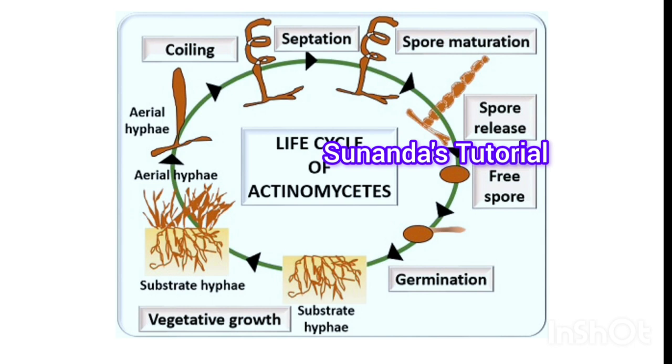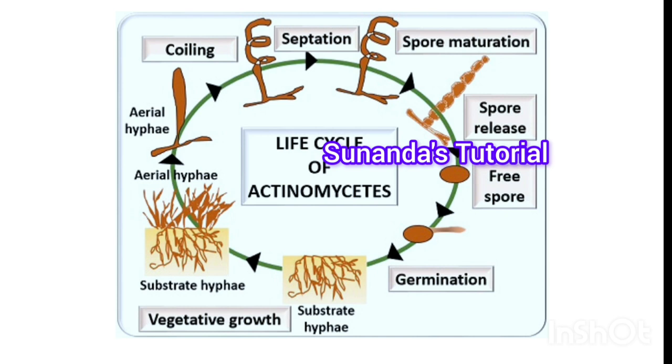What is the meaning of life cycle? Actually, a life cycle means the overall events that occur during the life, the different events which occur from birth to death, or from birth to producing another new individual. That is called the life cycle.